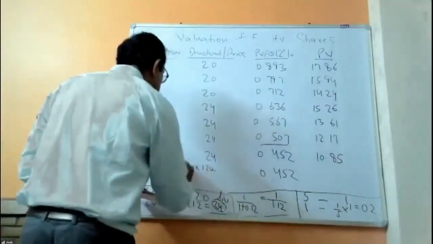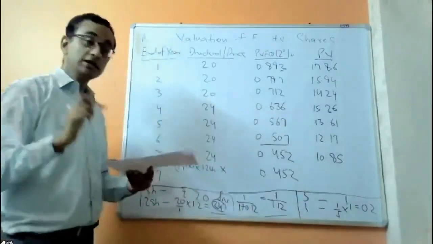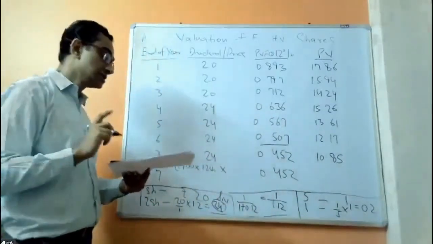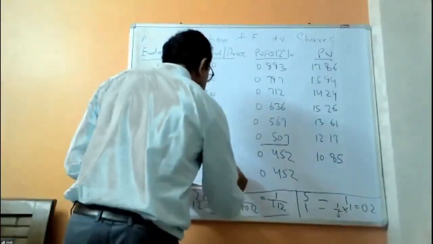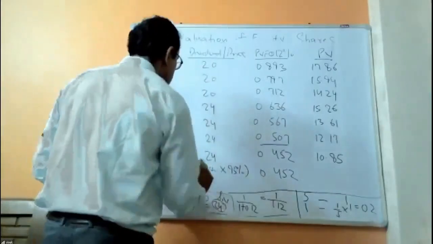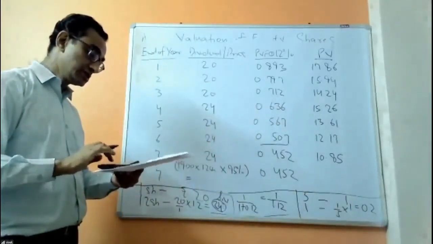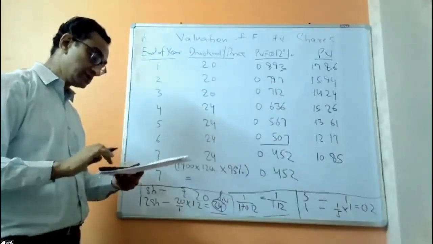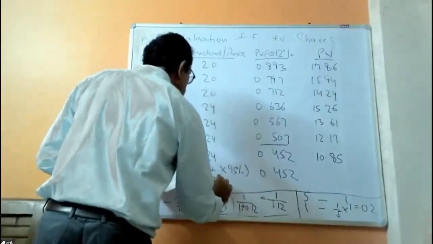Into incidental expenses also, because incidental expenses have to be deducted in case of sale of shares, so into 95% or 0.95. So the amount will be 900 rupees into 1.2 shares into 95%, which comes to 1026.